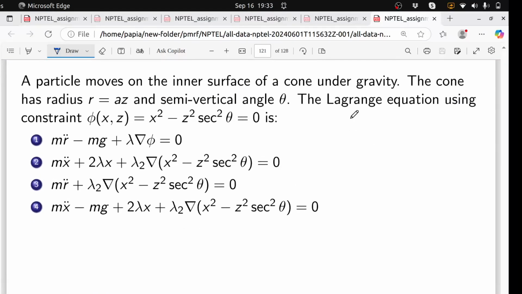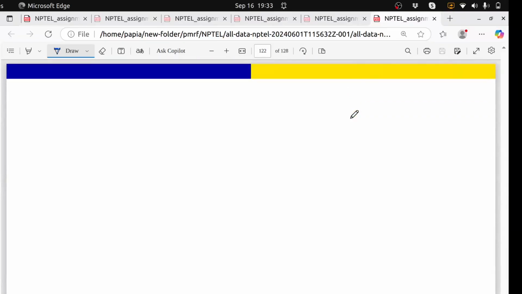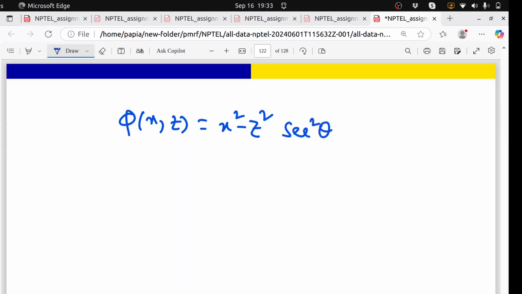Phi of x, z equals x square minus z square tan square theta equals 0. This is, let's say, f of x, z.